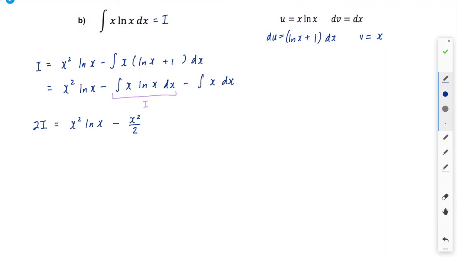Okay? And so I becomes x squared over 2 ln x minus x squared over 4 plus c.